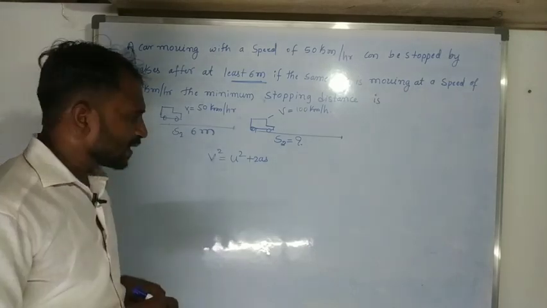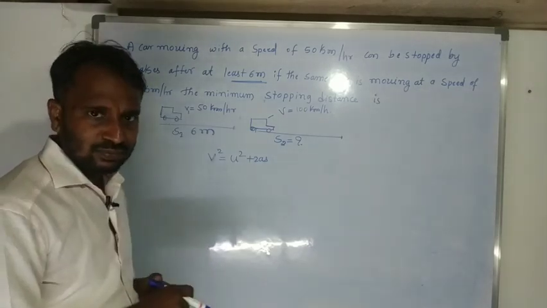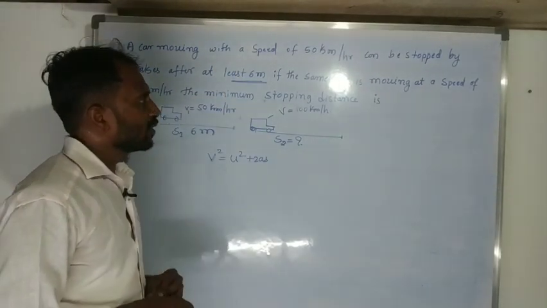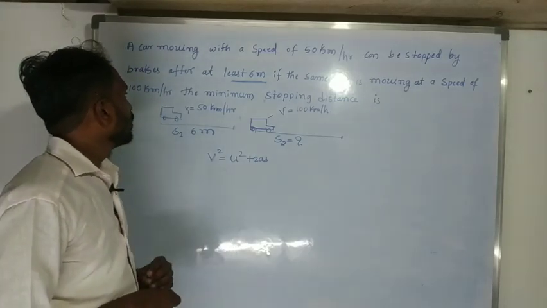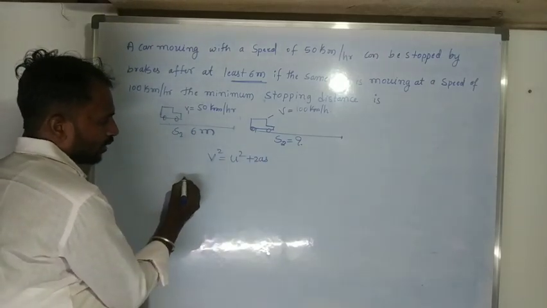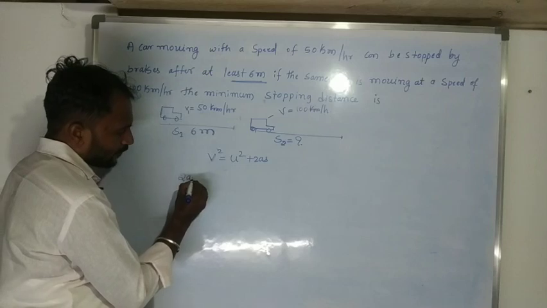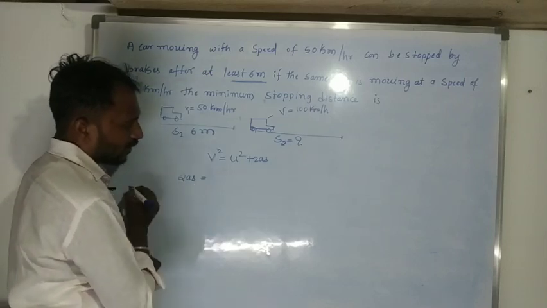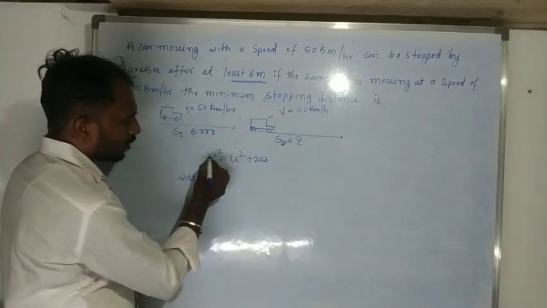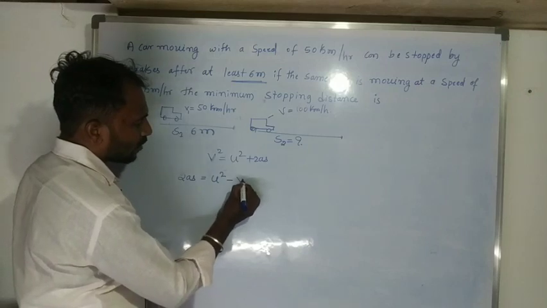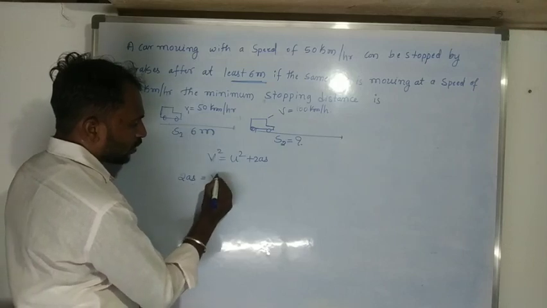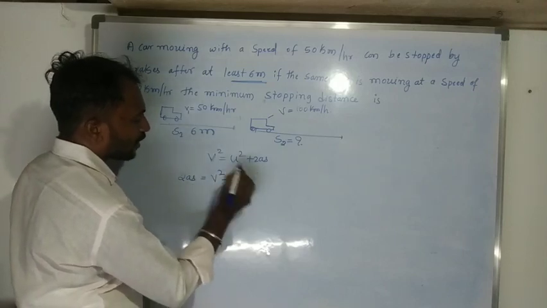Both velocity cases have the same acceleration, so we don't consider the acceleration separately. Both are same. And the initial velocity: the first car velocity is 50 km per hour and the second car velocity is 100 km per hour. So we modify this formula. Here 2as is equal to v square minus u square.